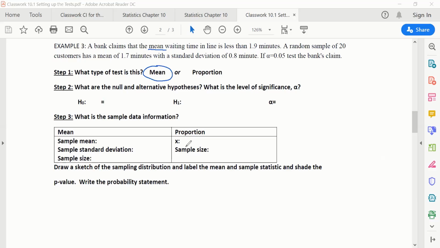The null and alternative is looking at the waiting time is less than 1.9 minutes. So the claim is that the mean is less than 1.9 minutes. So we have a mean of 1.9 minutes as our null hypothesis. And we're given alpha is 0.05.